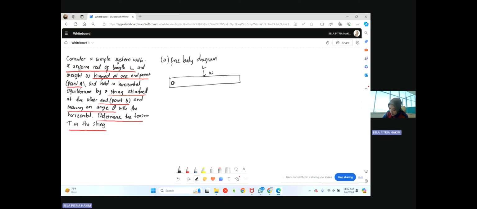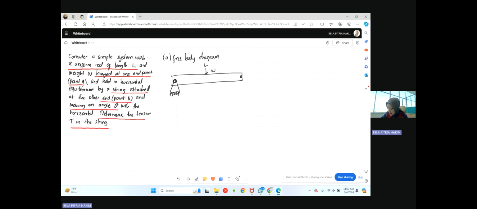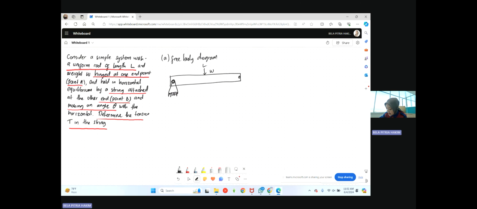It is hinged at point A, which has a pin support, and it is also connected to a flexible cable at point B, making an angle θ with the horizontal in equilibrium. So this is the length L.